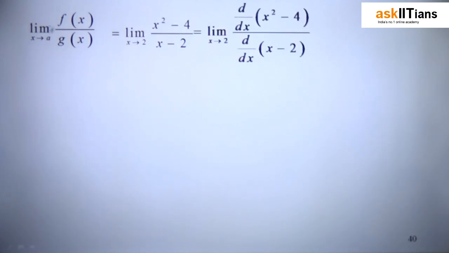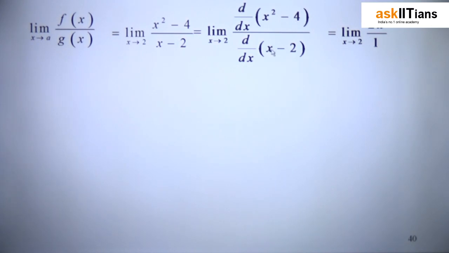So the limit of f(x) upon g(x) as x tends to a, applied to the limit of (x square minus 4) upon (x minus 2) as x tends to 2, can be written as d by dx of the numerator function upon d by dx of the denominator function. Differentiating the numerator, we get 2x, and the differentiation of the constant is 0.